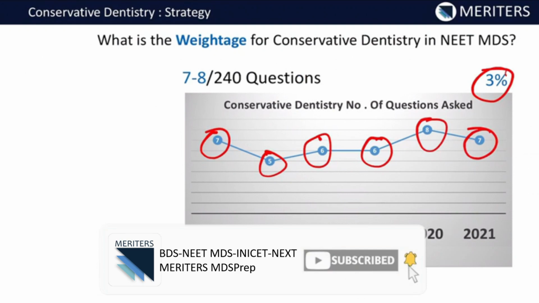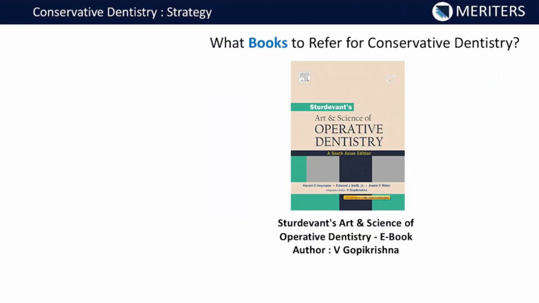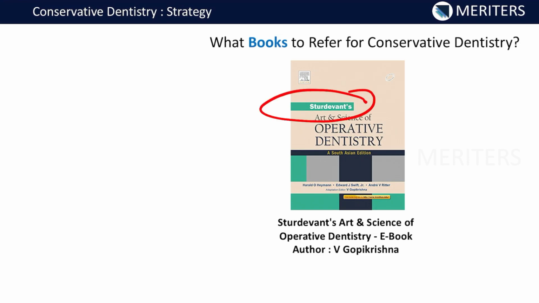or operative dentistry. Now coming to the books for conservative dentistry, there is only a single source, that is Sturdevant's. Now if you have less time, you can always refer to Sturdevant's Art and Science of Operative Dentistry, edited by V. Gopikrishna, or the ideal way to prepare this particular subject is referring to the original Sturdevant.